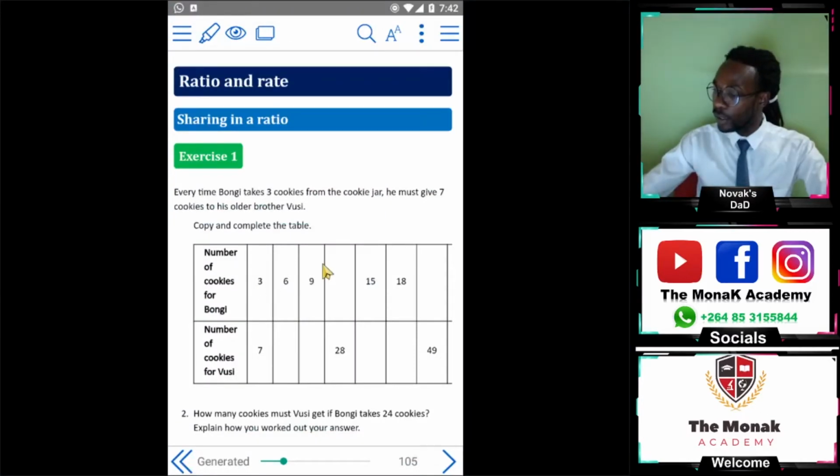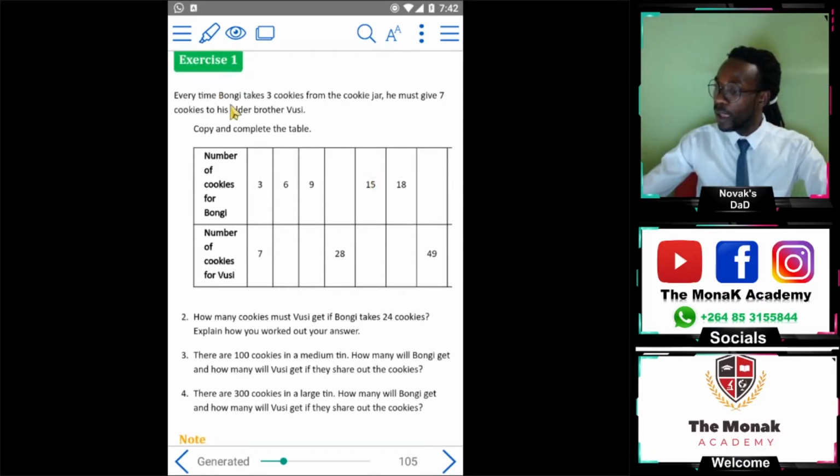All right, so exercise 1, we want to deal with sharing in a ratio. They said every time Bongi takes 3 cookies from the cookie jar, he must give 7 cookies to his older brother Vusi. Copy and complete the table.